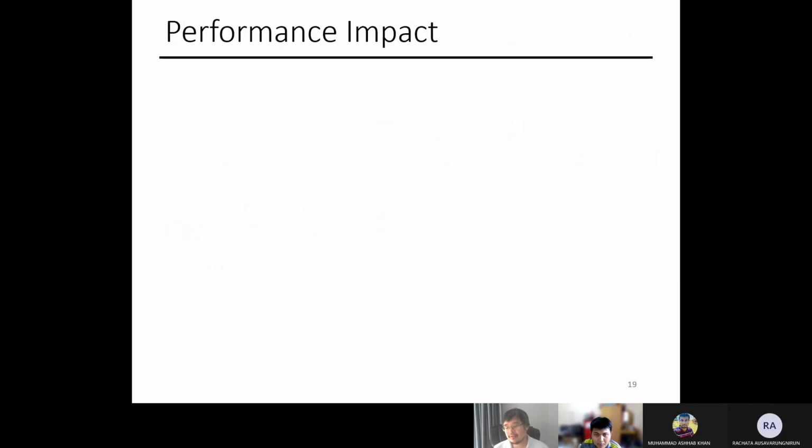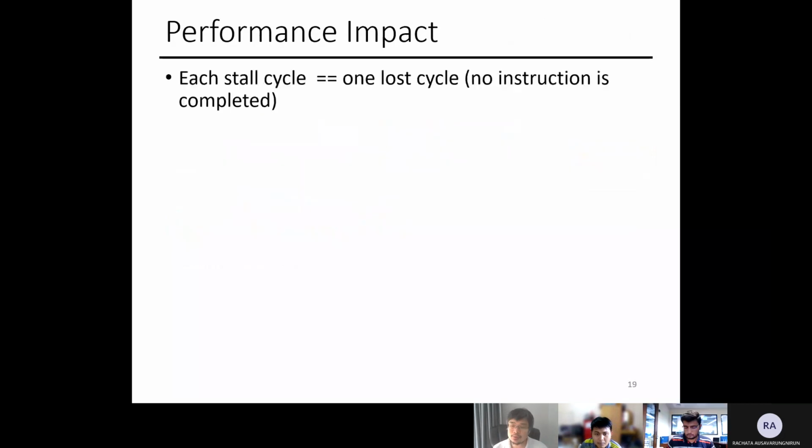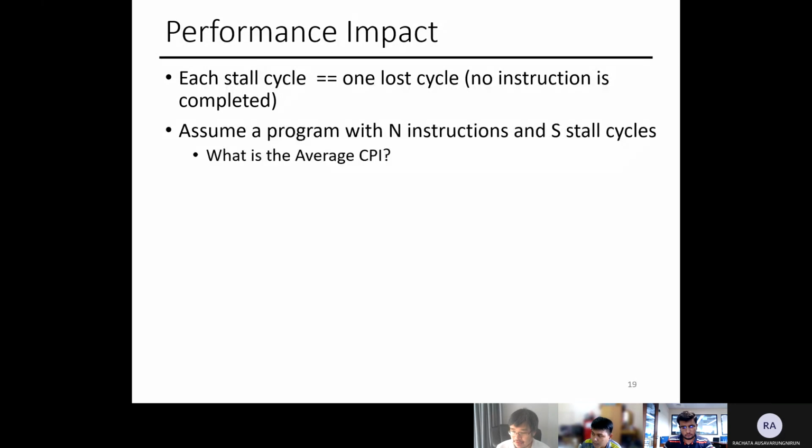So what is the performance impact of this? Every time you stall, you lose one cycle, so things get delayed by one cycle per stall. Let's assume a program with n instructions and s stall cycles.